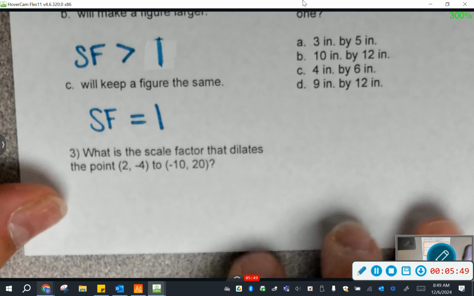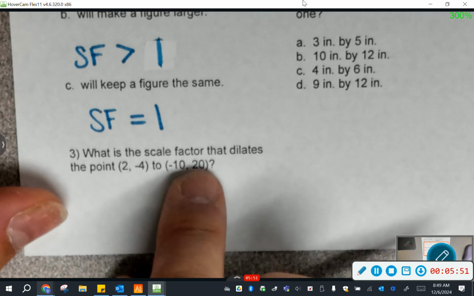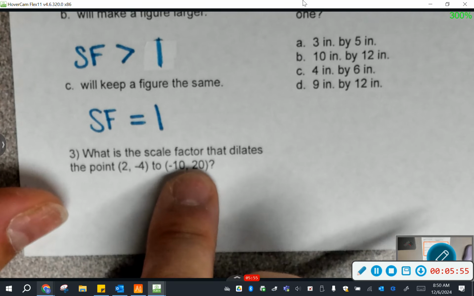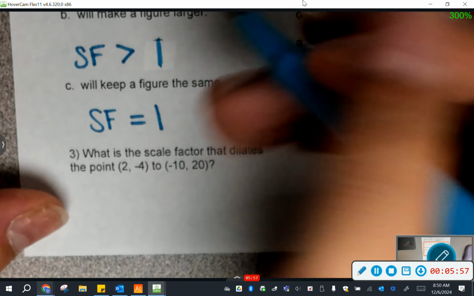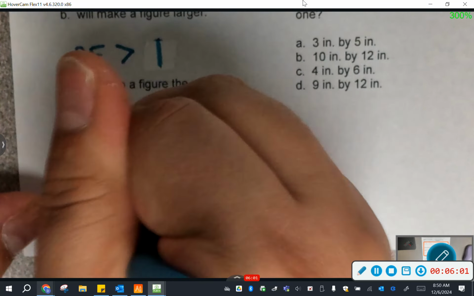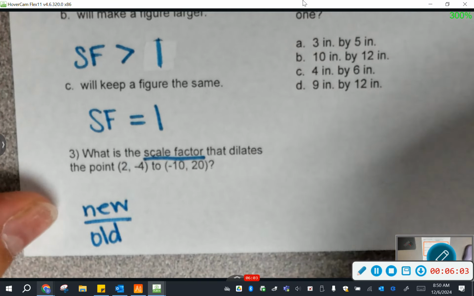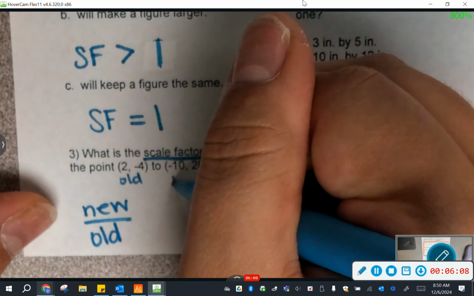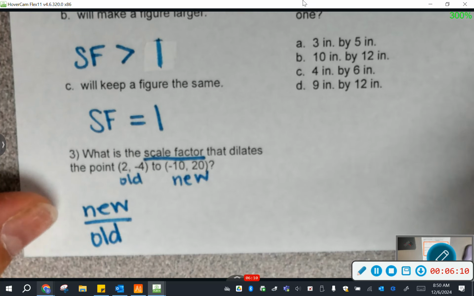The last question on this part, number 3. What is the scale factor that dilates the point (2, -4) to (-10, 20)? Again, we see scale factor. When you see scale factor, you should be writing new over old. Your first one is always old. Your second one is always new.